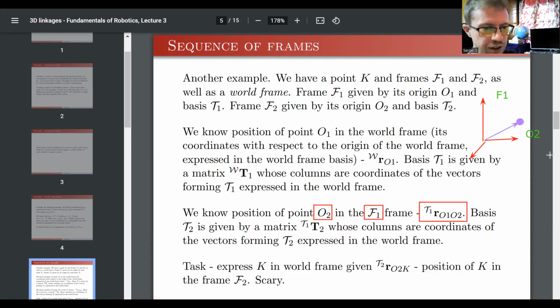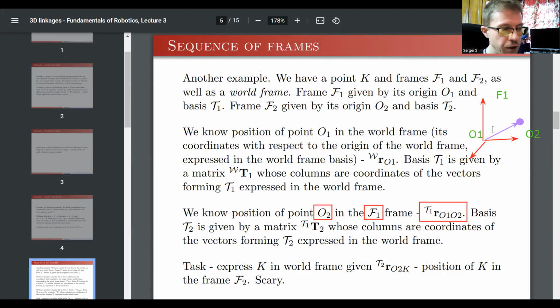If you know position of this point, you'd expect it to be known in a sense of understanding this vector, which I just drew, which goes from the origin of the frame, which in this case happened to be O1, to this point O2. So you see this is like R from O1 to O2.